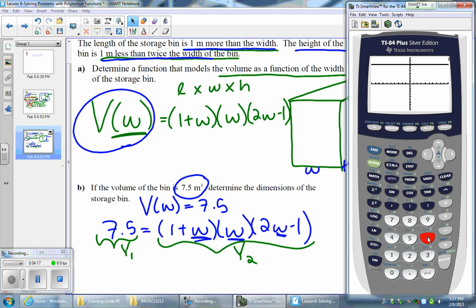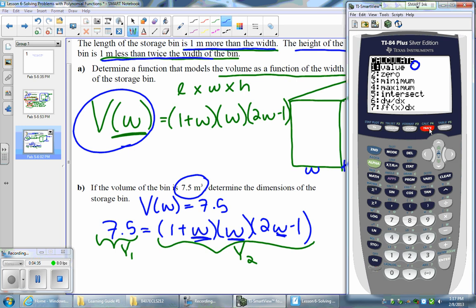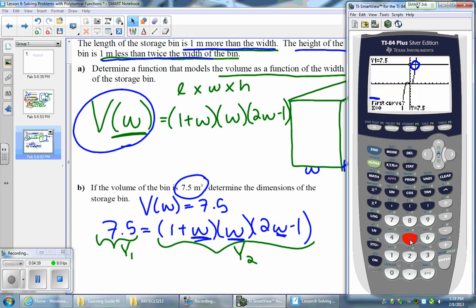And we want to look at the point of intersection. We have one point of intersection, and that occurs right there. To find that point, you're going to use the intersect feature. So go second trace and select 5 for intersect. This option will give you the point of intersection between those two graphs.